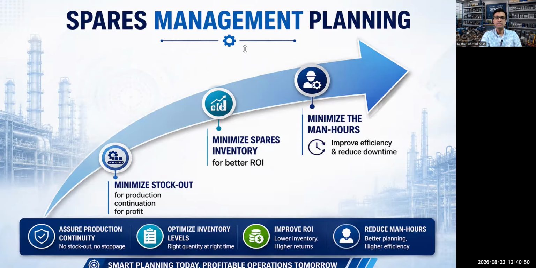So this is why we do spares management planning. Number one, we have to minimize stockouts in order to have continuous production for profitability. We want a better ROI, return on investment, by minimizing the spares.